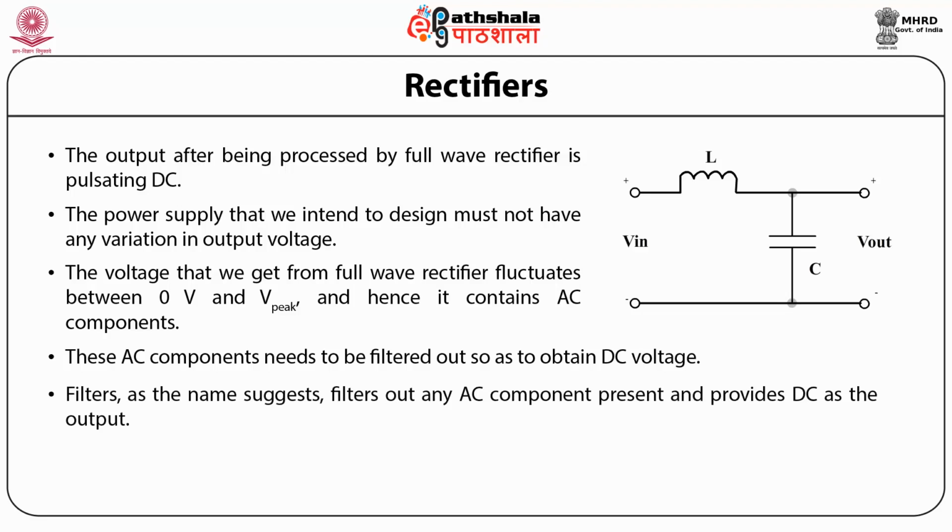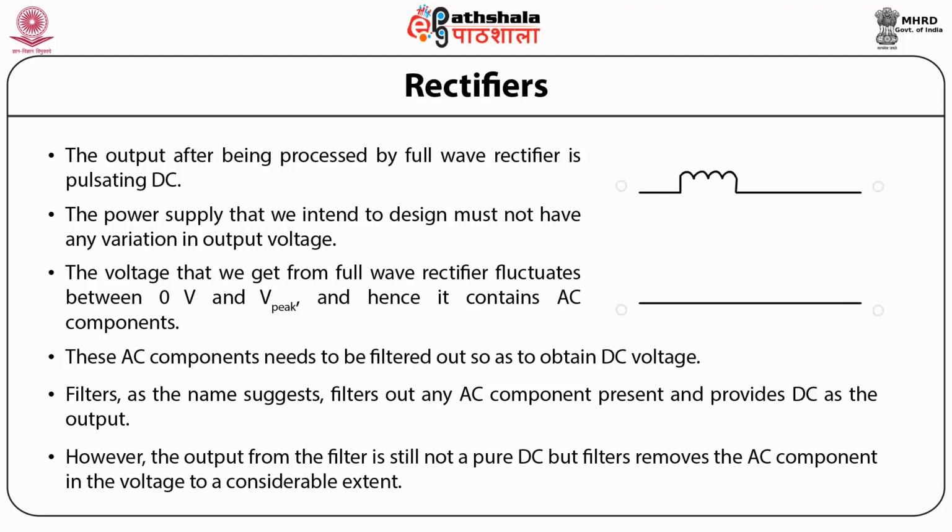Filters, as the name suggests, filter out any AC component present and provide DC as the output. However, the output from the filter is still not a pure DC, but filters remove the AC component in the voltage to a considerable extent.